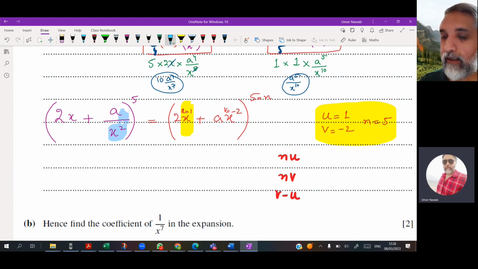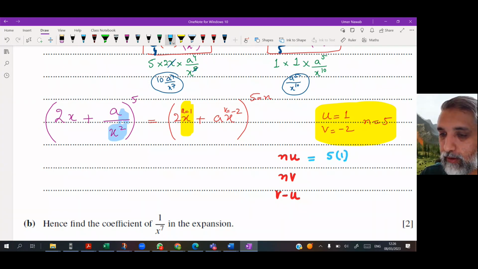So let's look at that. n is 5 and u is 1, so nu is 5. n is 5 and v was minus 2, so nv is minus 10. v minus u is minus 2 minus 1, which is minus 3.